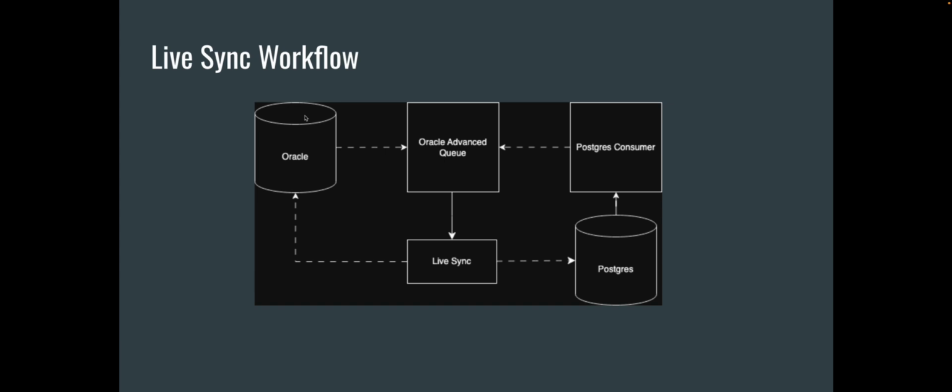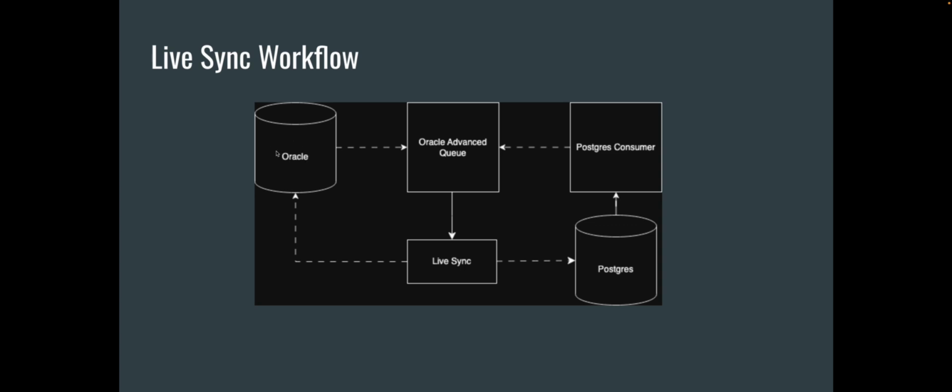At that point, Oracle will just try to process the record. So let's say the record came from Postgres. Postgres goes through the whole workflow of adding a record, goes to the Postgres consumer, goes to Oracle Advanced Queue, then Live Sync will just send over that record to Oracle with the data that it receives.